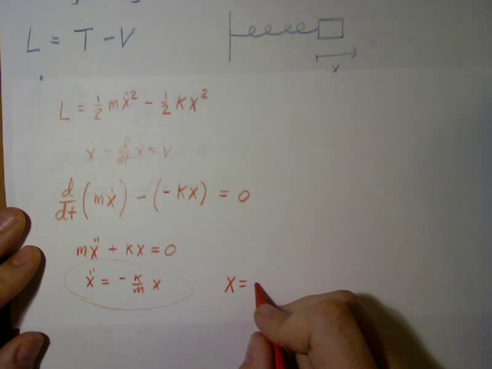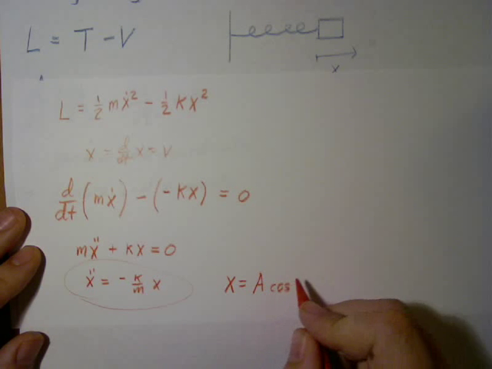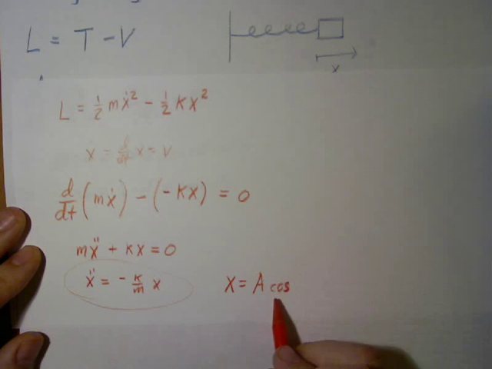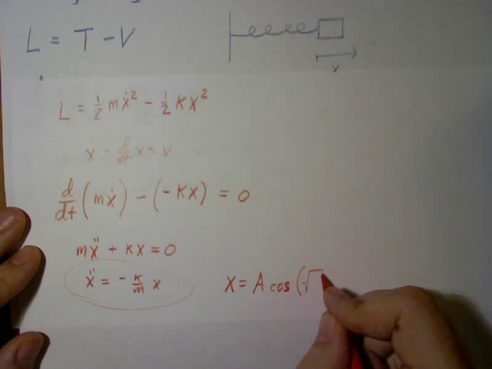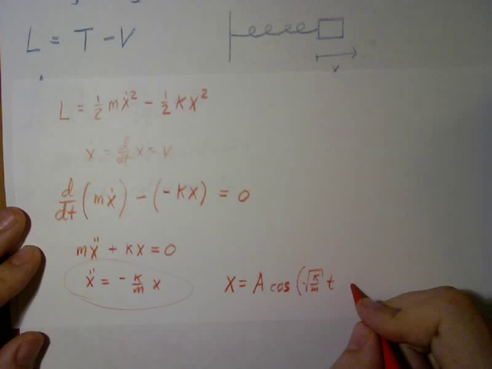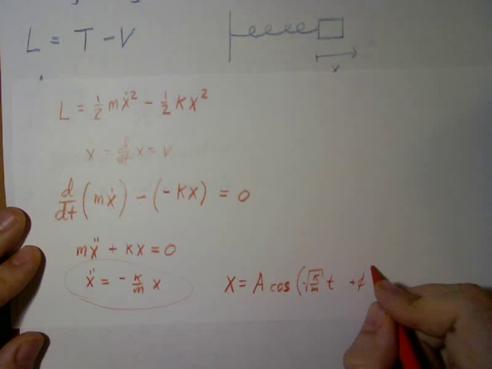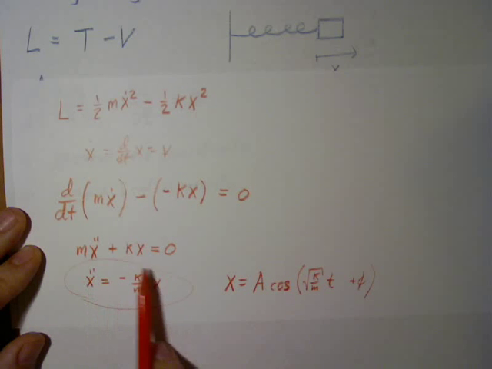X equals A, just some constant, cosine, we could have just as easily used sine, does not matter, square root of k over m times time. We can throw in a phase factor if you really want. That'll usually just be 0 for convenience. And there's our equation, because that's the only solution to this second order equation.